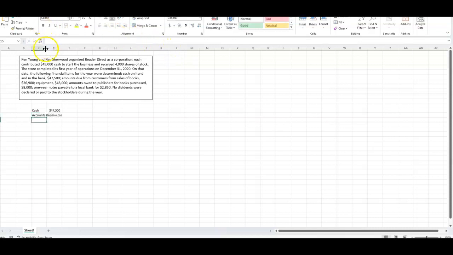Anytime we are buying and selling, we're going to be using accounts receivable and accounts payable, usually due at the end of the month. Something like that. $26,900. The next thing we have is equipment, $48,000.